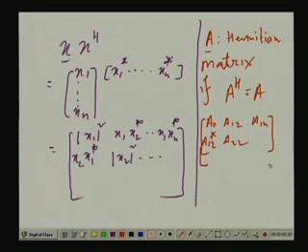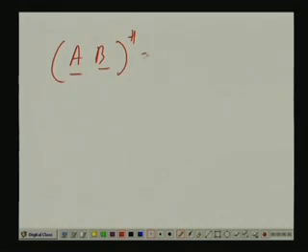Okay. Now, these matrices are Hermitian matrices. Why? But before that, you see one thing: (AB) Hermitian is B Hermitian A Hermitian.